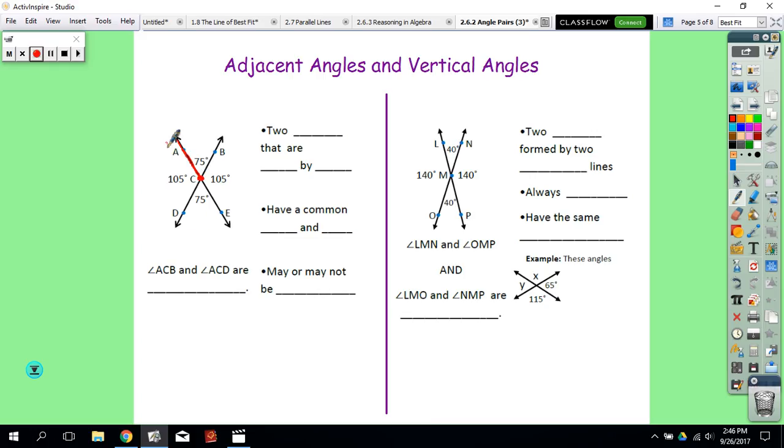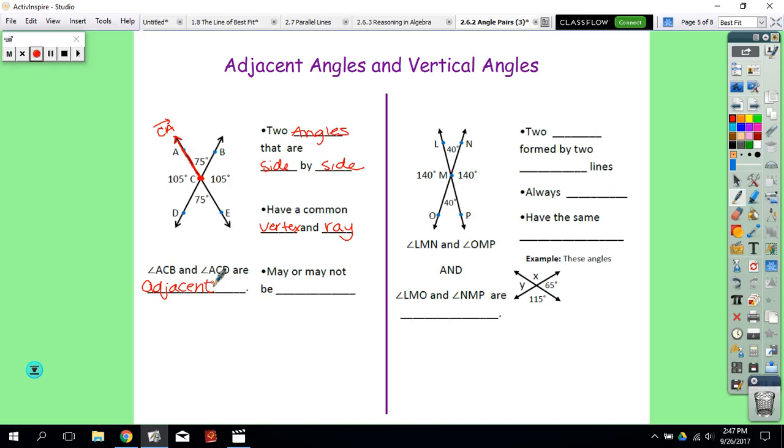They share this side. So two angles that are side by side, they have a common vertex and ray just means this side right here. Remember, this is a ray CA. So we would say angle ACB and ACD are adjacent.